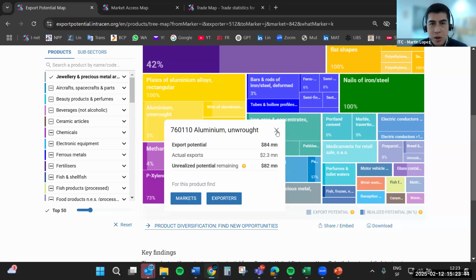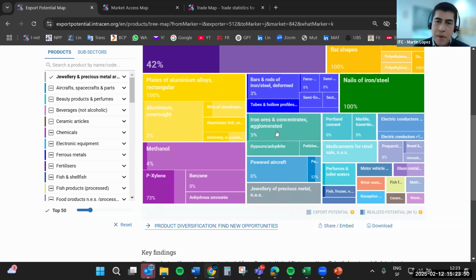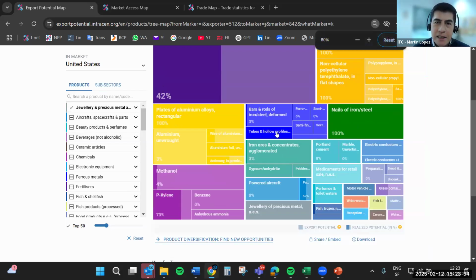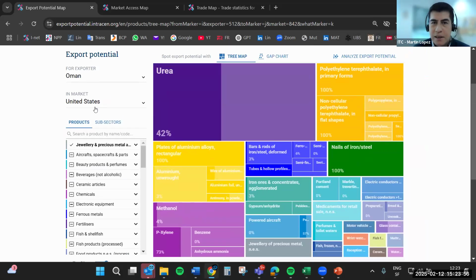This is a product that the US is buying intensively from abroad and that Oman could supply. Because remember, this analysis is specific for bilateral trade. I want to be very insistent on that. So this is how we interpret the shapes in this tree map.